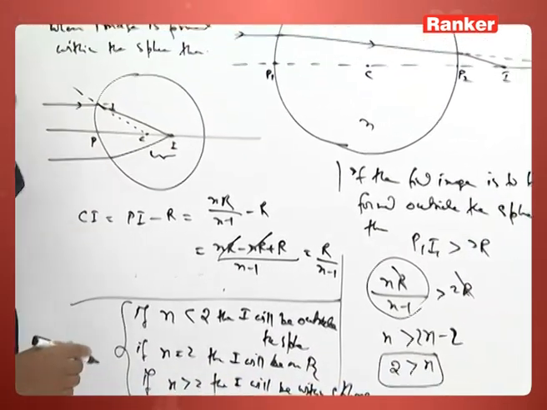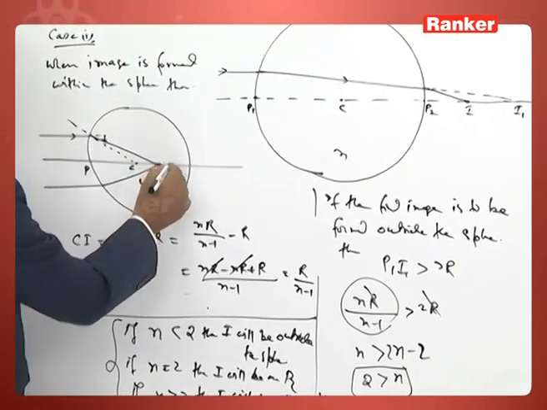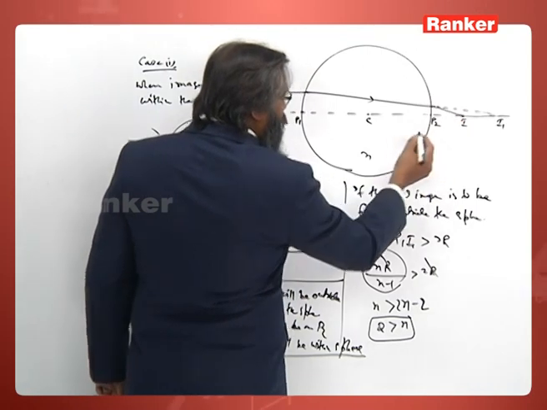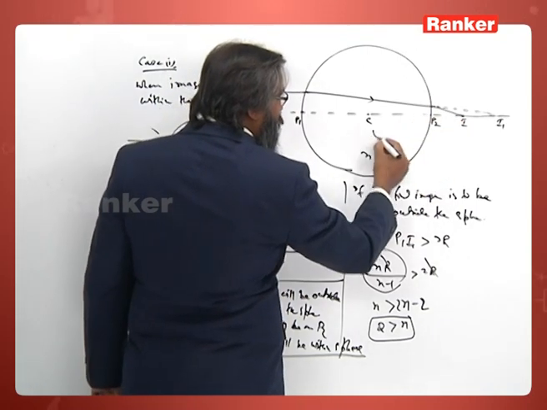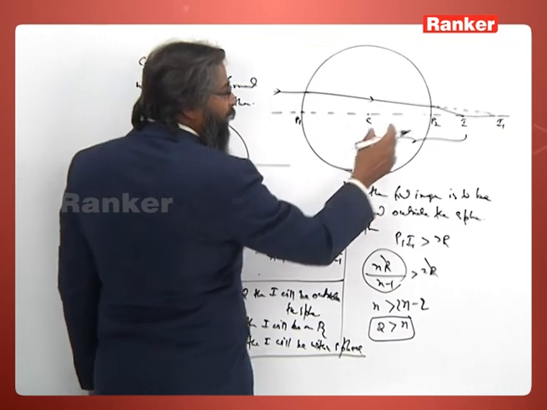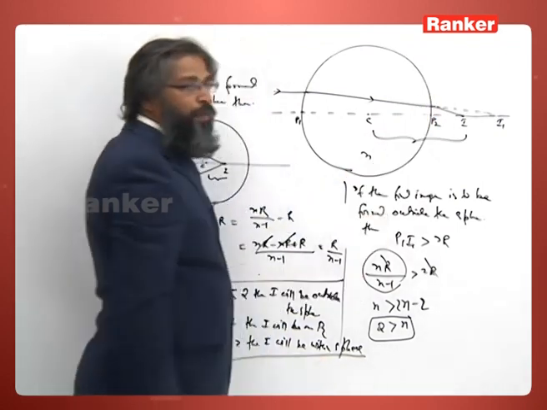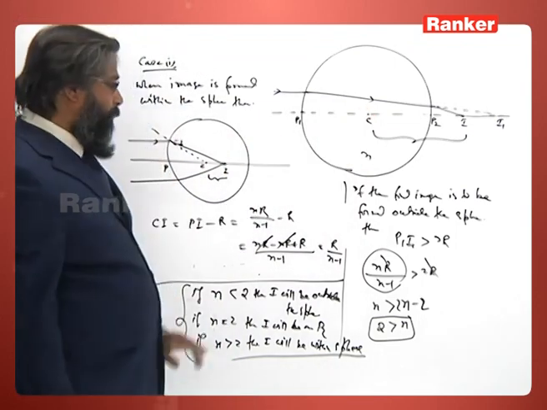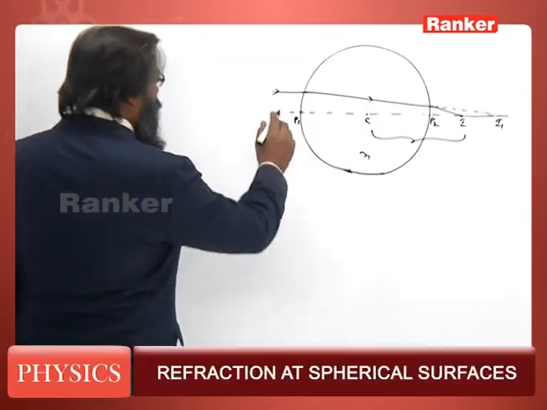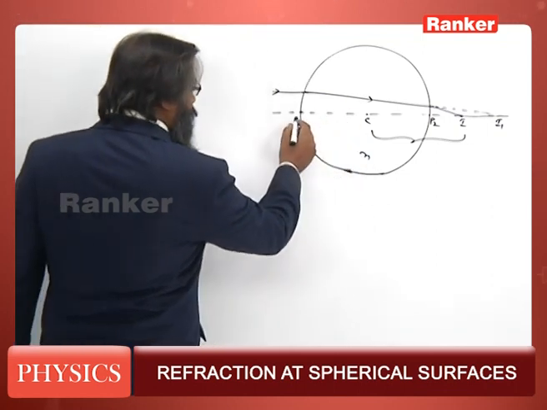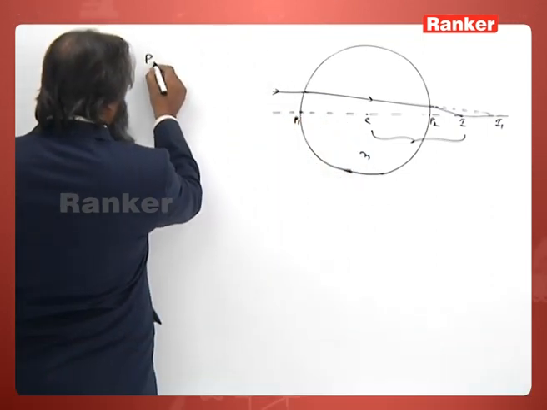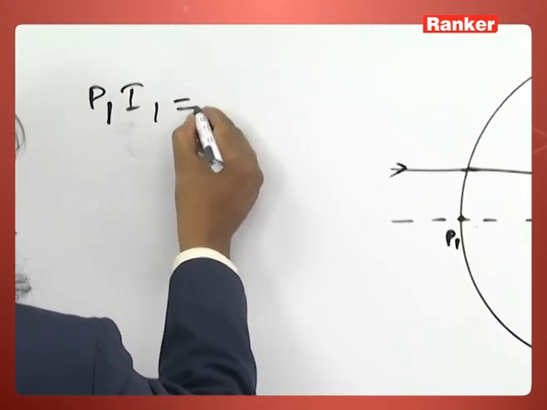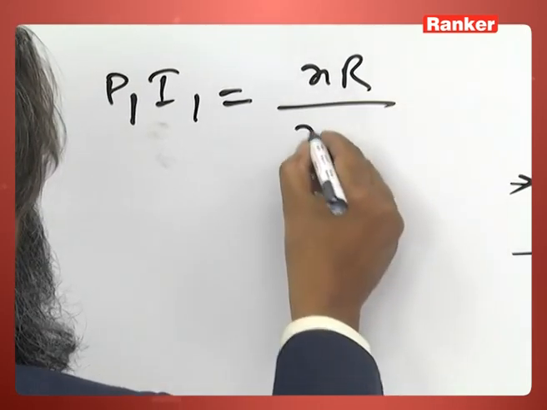Now if it is beyond this, if this ray is going to form like this, then again in order to calculate this distance, I have to consider the refraction at this surface. Let us do so. First write down up to here. So now let us take the second case. We have already calculated P1I1 as equal to nR by n minus 1.